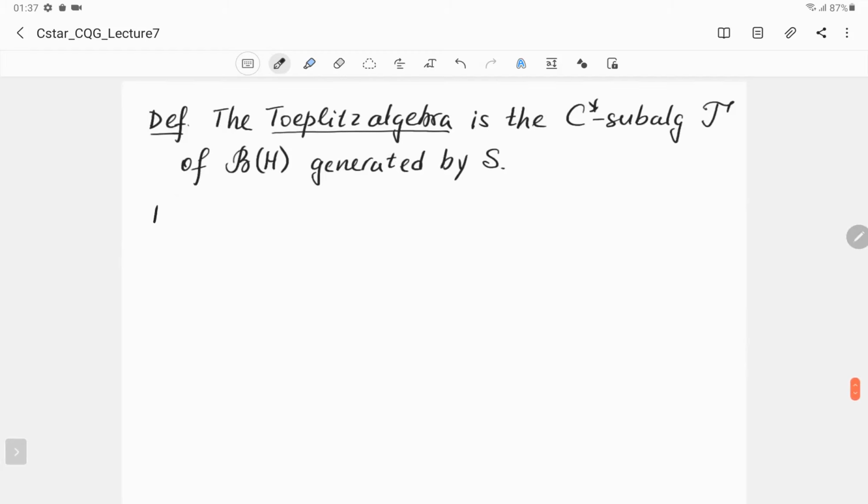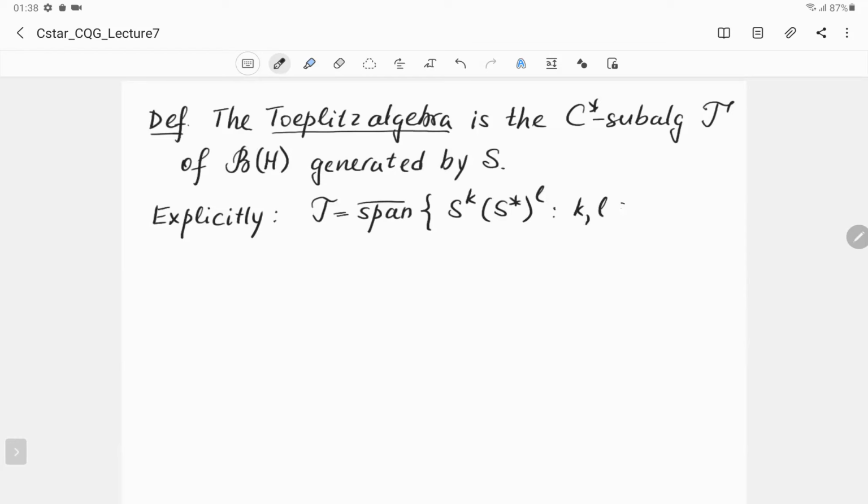More explicitly, this algebra can be described as follows. This is the closure of the linear span of all monomials of the form S to the power k, S star to the power l, where k and l are non-negative integers.